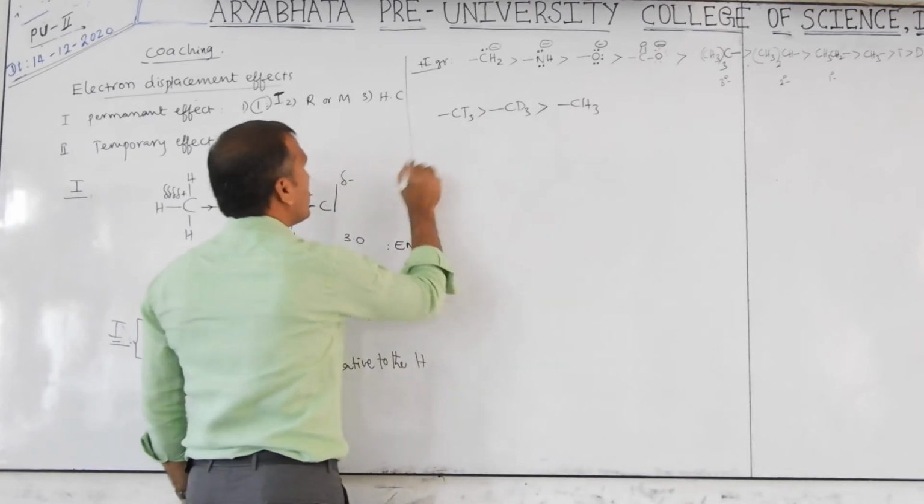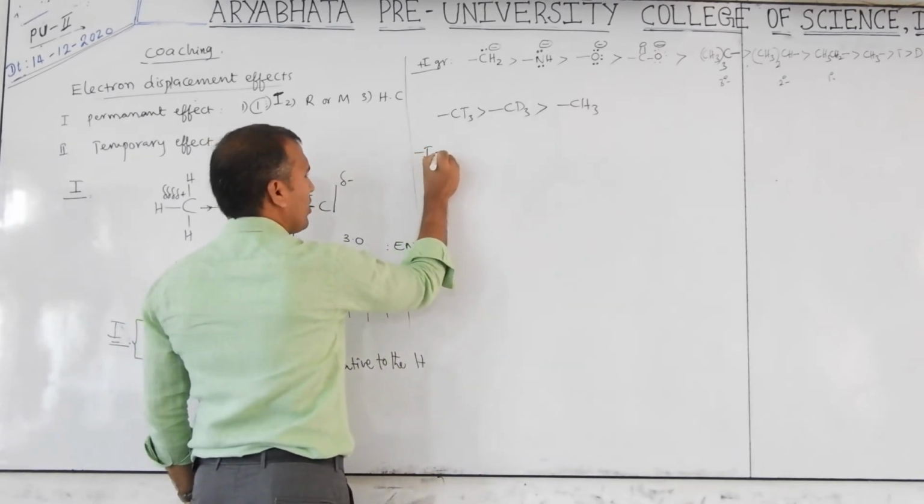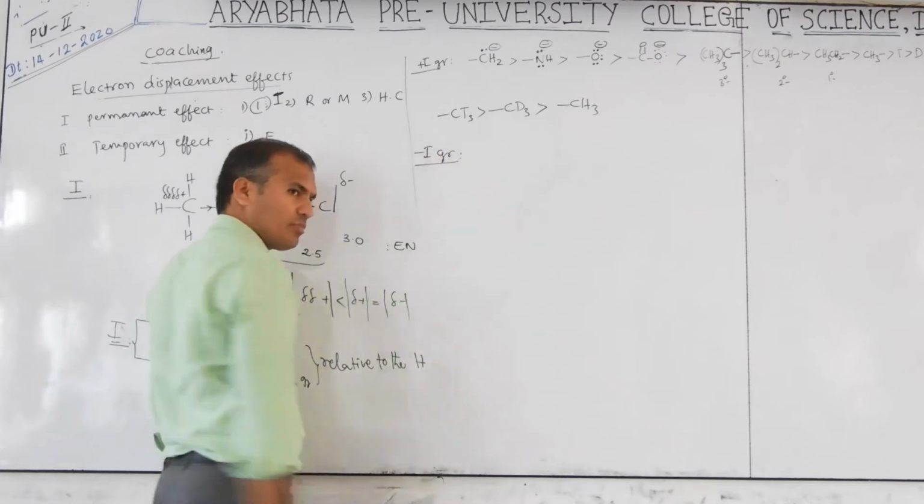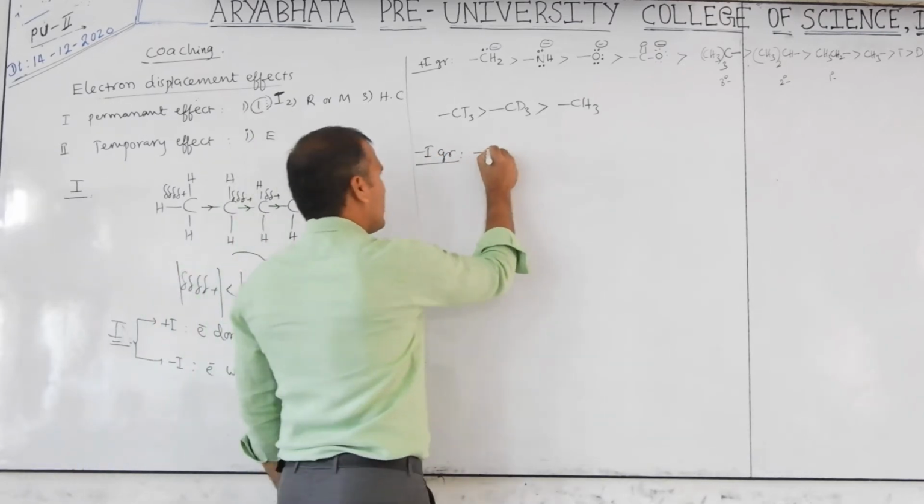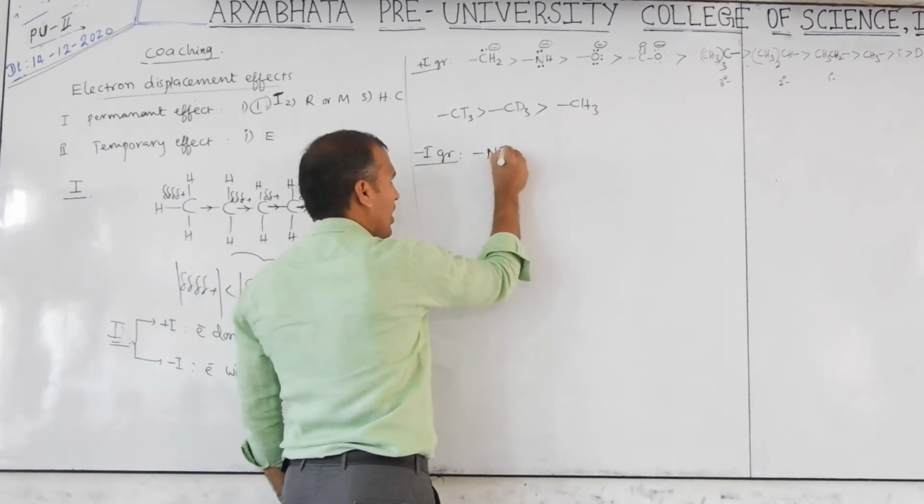Okay. Now these are the positive groups, the donor groups. Next, negative inductive effect groups. Minus N, not minus, this one.